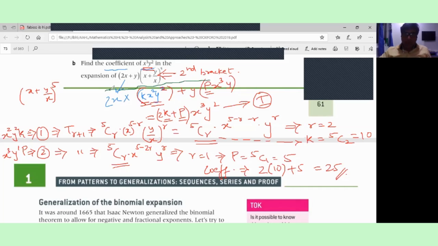From here, I got this step. This was our thinking pattern. Have patience, guys. It's a tough sum. You won't get it easily. I simplified this and I got this.